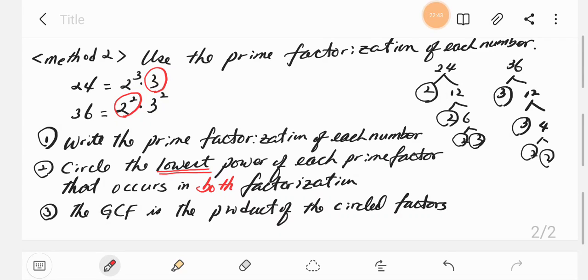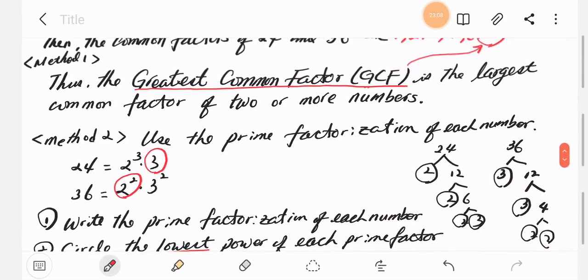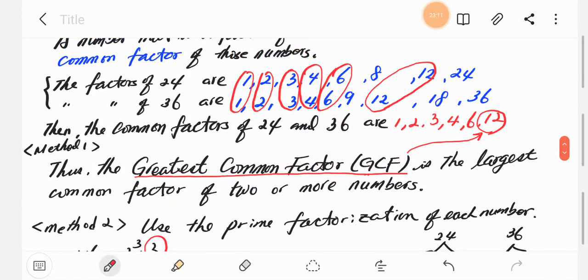Okay, so the GCF is the product of these two circled common factors. So GCF is the product of 2 squared times 3, which is 4 times 3, so 12. Okay, 12 is the GCF, just like method 1.